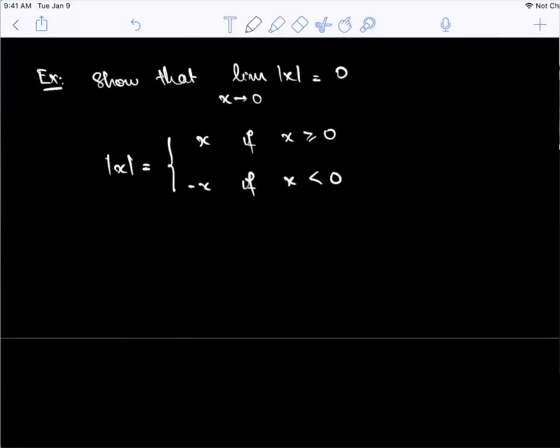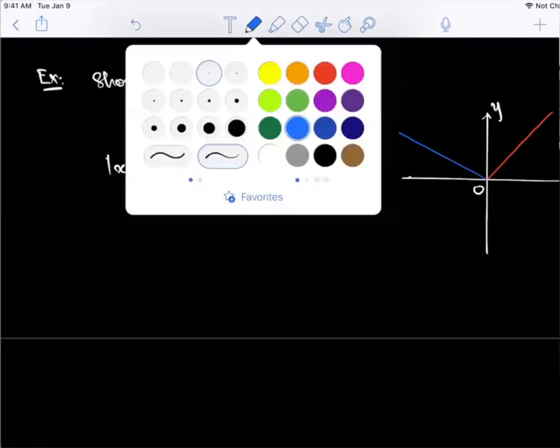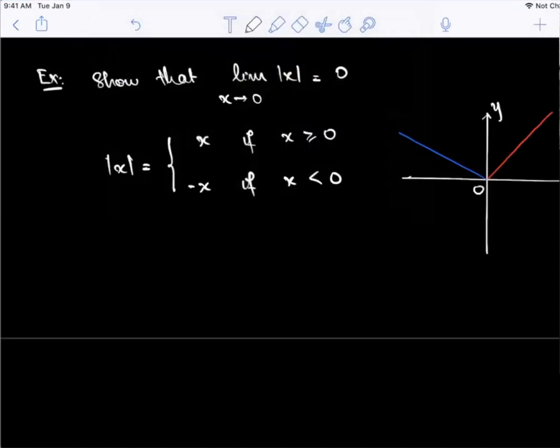And therefore, when you draw this function, one part of the curve is like that. That is the function equal to x when x is greater than or equal to 0, and another part is equal to negative x when x is less than 0.